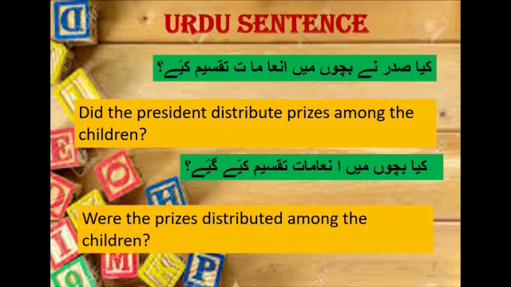So you can see in the first sentence we have the subject verb object combination, but in the second sentence we do not have the subject. Who distributed the prizes? It's not given. So it is passive voice. Here this will be converted. Did the president distribute prizes among the children? And क्या बच्चों में इनामात तकसीम किए गए? Were the prizes distributed among the children?